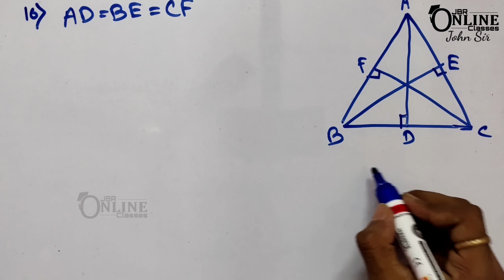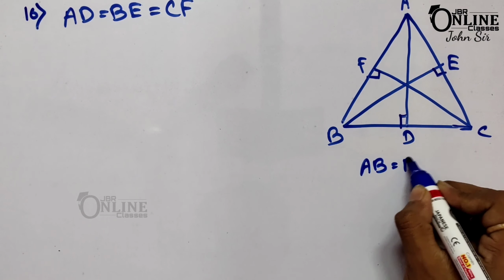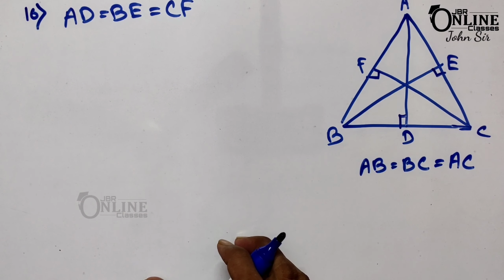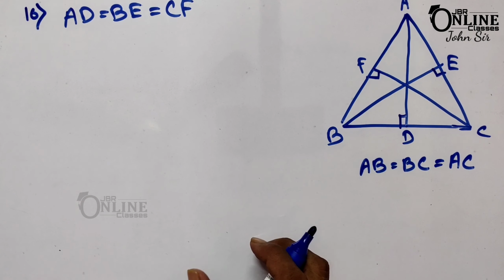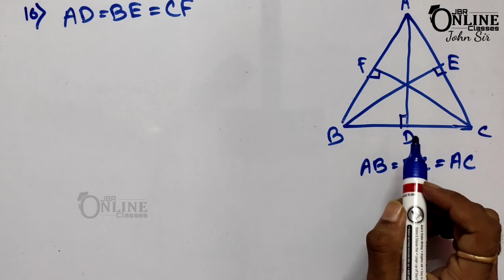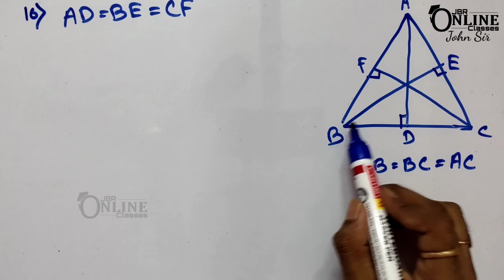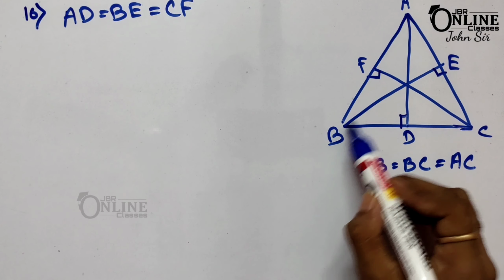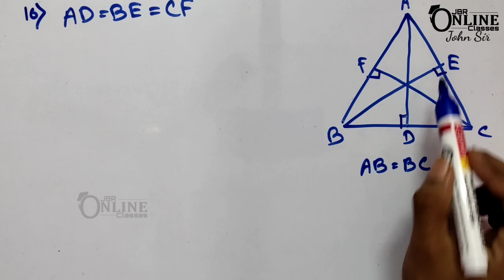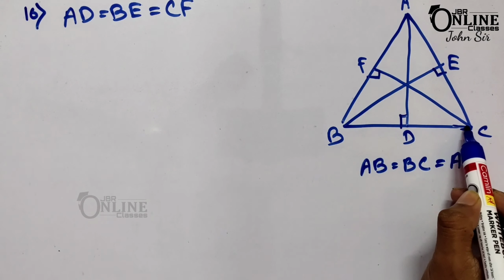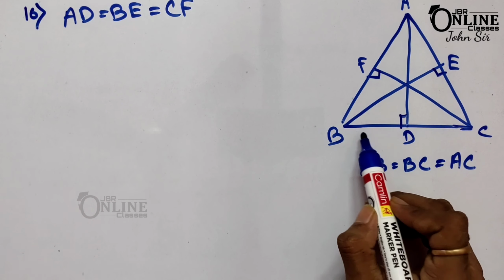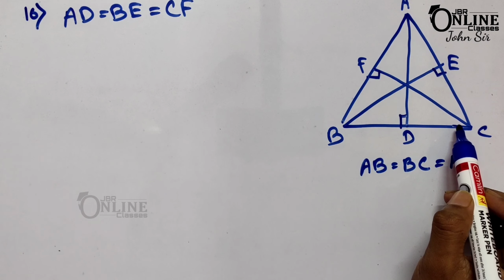That means you have to show that AB equals BC equals AC. So here first, in the right angle triangle BEC, BC is the hypotenuse.